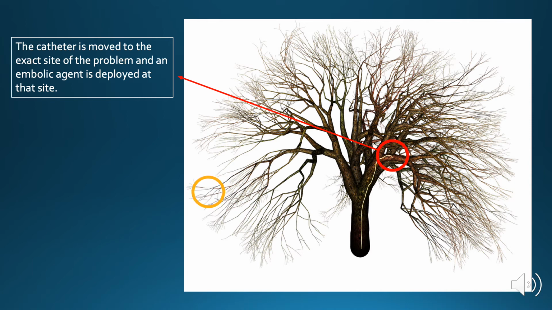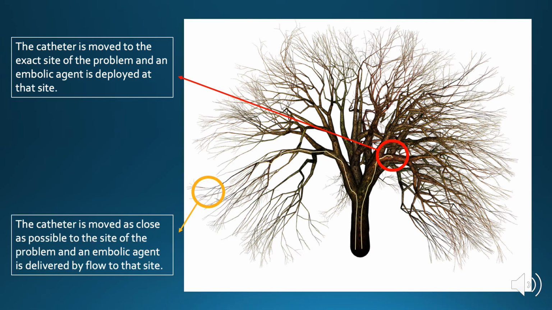But what if the pathology is all the way out here by this yellow circle? Well, in that particular case, we can move a catheter as close as possible to the site of the problem, but we may not be able to get all the way there. And in that case, we have to rely on flow to deliver the embolic agent to that particular problem.